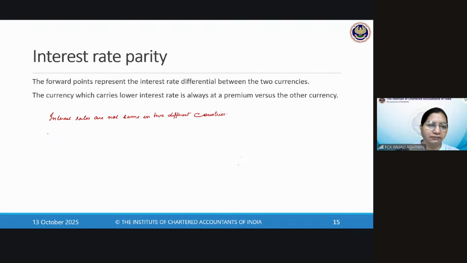And let's say in US, the interest rates are 2%. And in India, the interest rate is 8%.